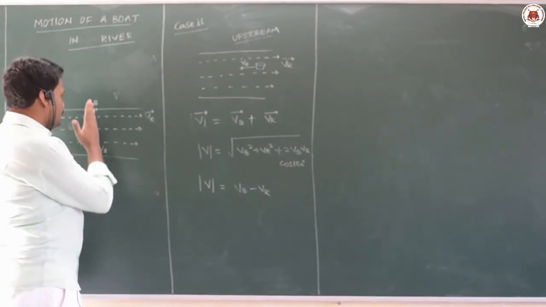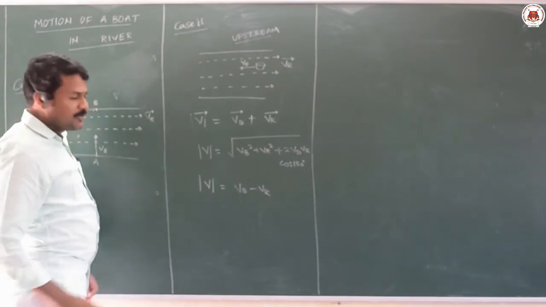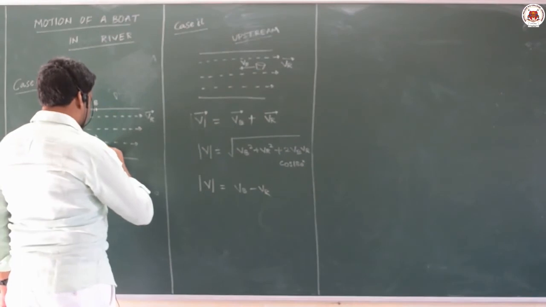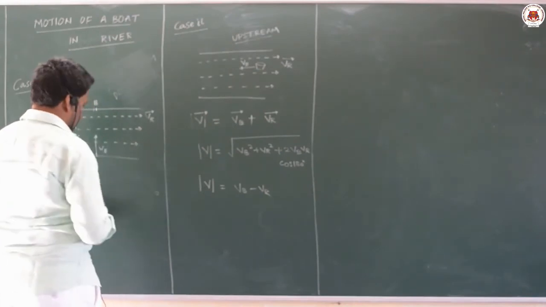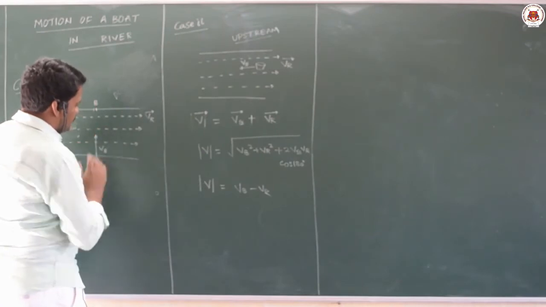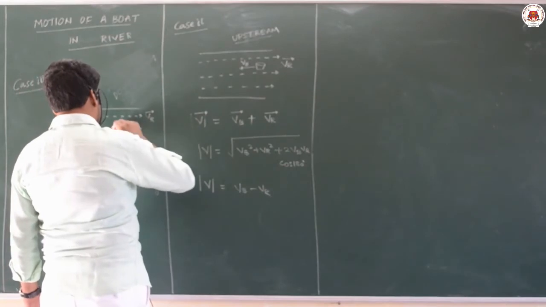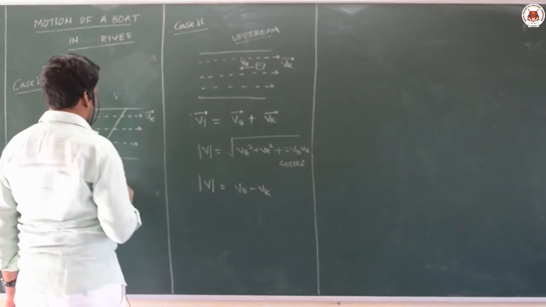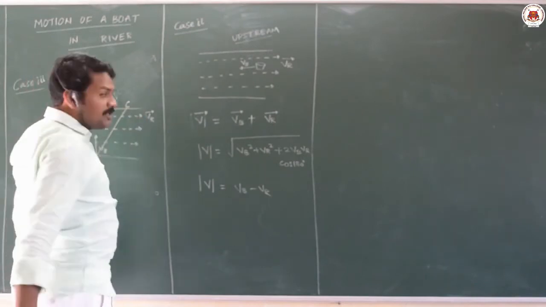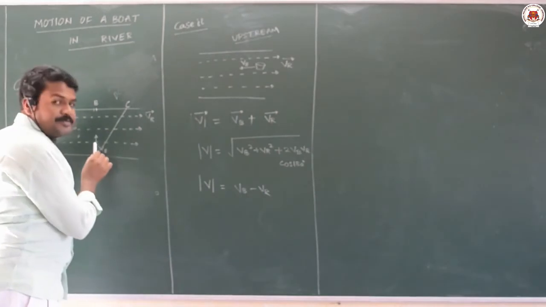You are aiming towards the opposite end, but as time progresses, your velocity of boat is getting shifted because of velocity of river, and instead of reaching the exact opposite point, you will reach another point C.